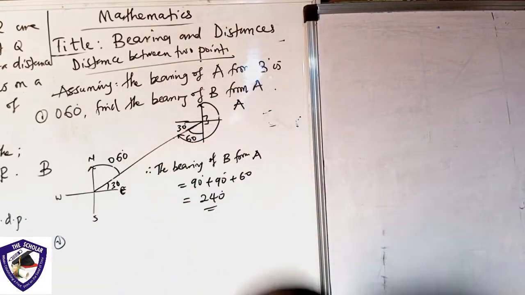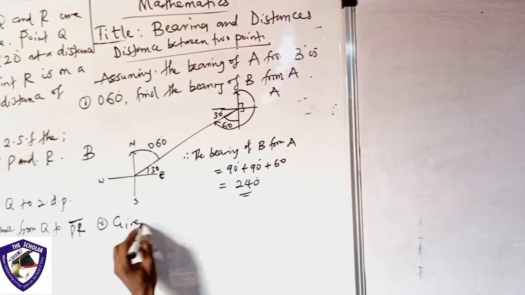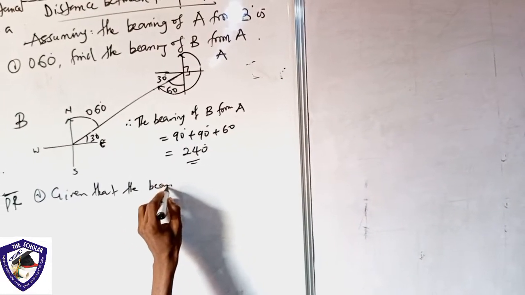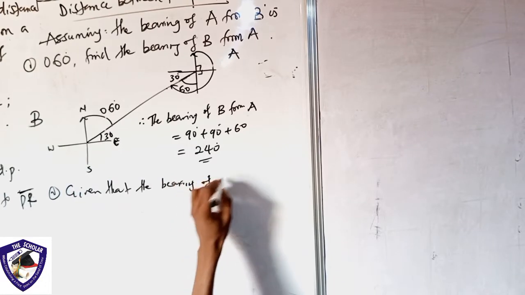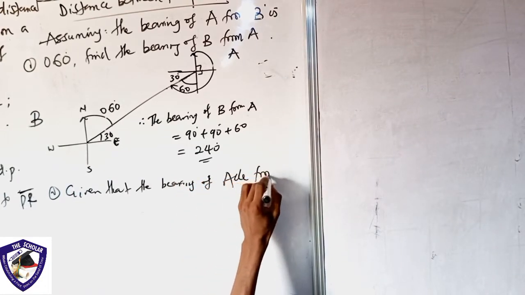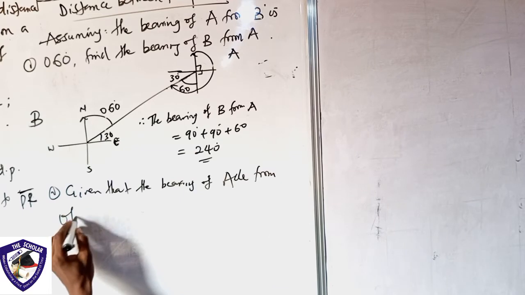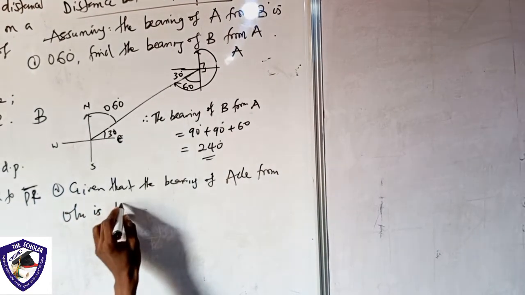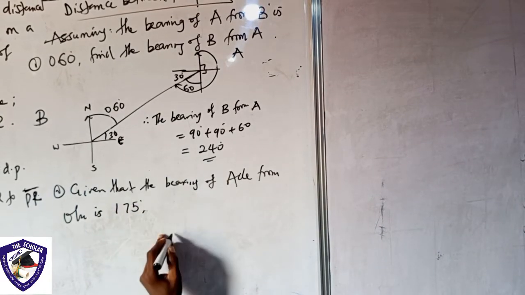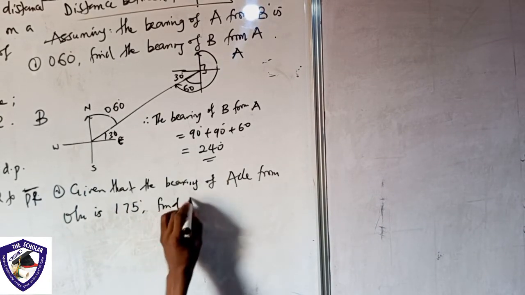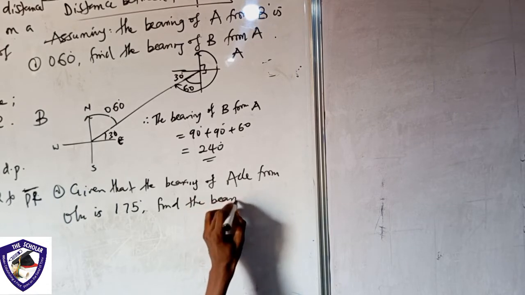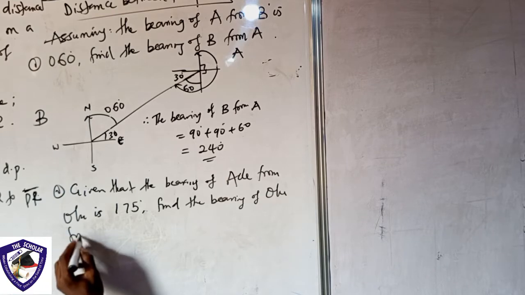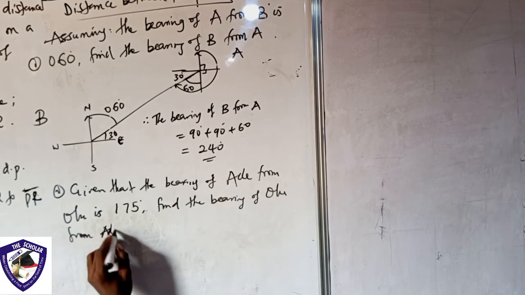Let's look at another example. Example 2. Given that the bearing of Ade from Olu is 175 degrees, find the bearing of Olu from Ade.